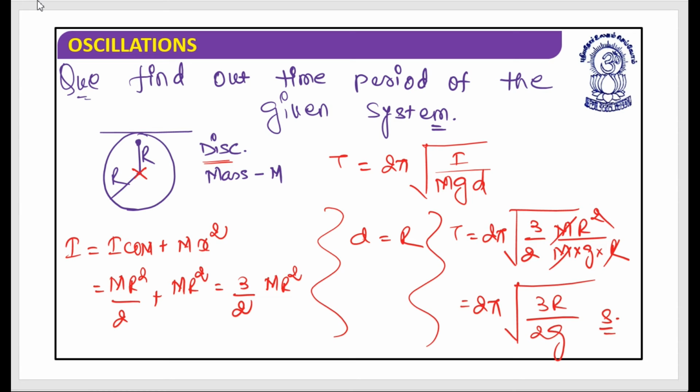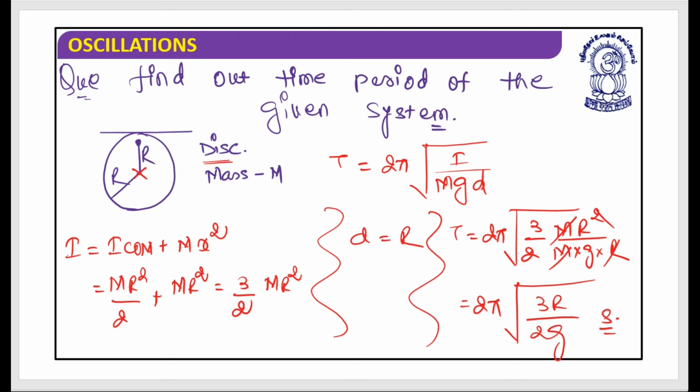Correct. Are you done with this? What was your answer? Was it the same? Great. I hope you are comfortable with this, and this can be done very easily, to find out the time period of physical pendulums.